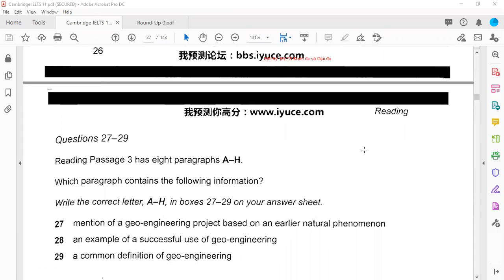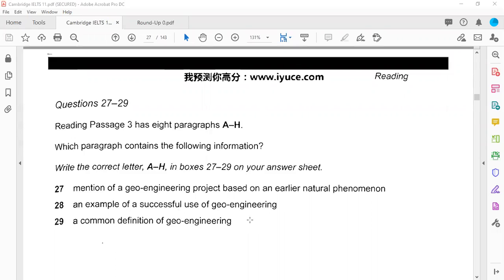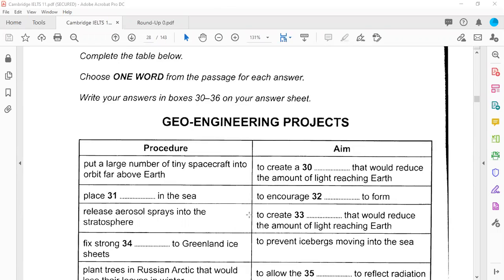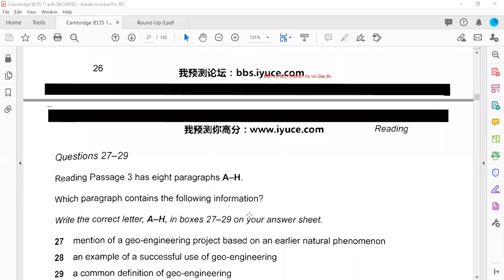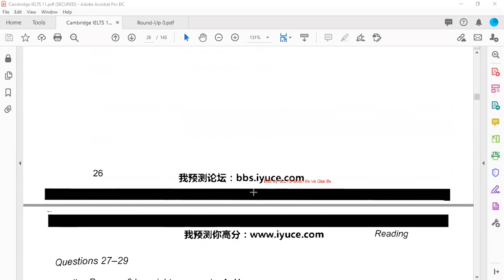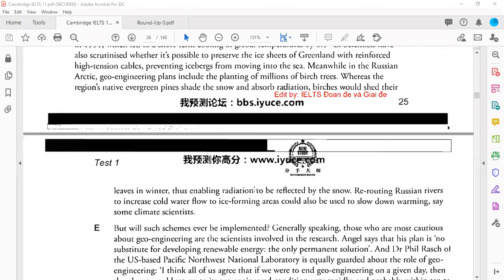So all you will do is say 27 A, 28 B, 29 C, like that. And there's 3 questions, and there's another 6. So first it's 3 and then it's 6. Let's have a look. Geoengineering project based on earlier natural phenomena.